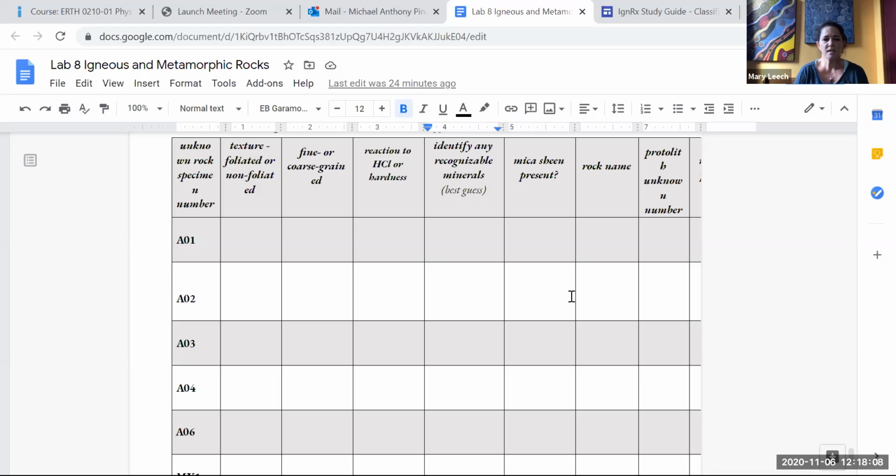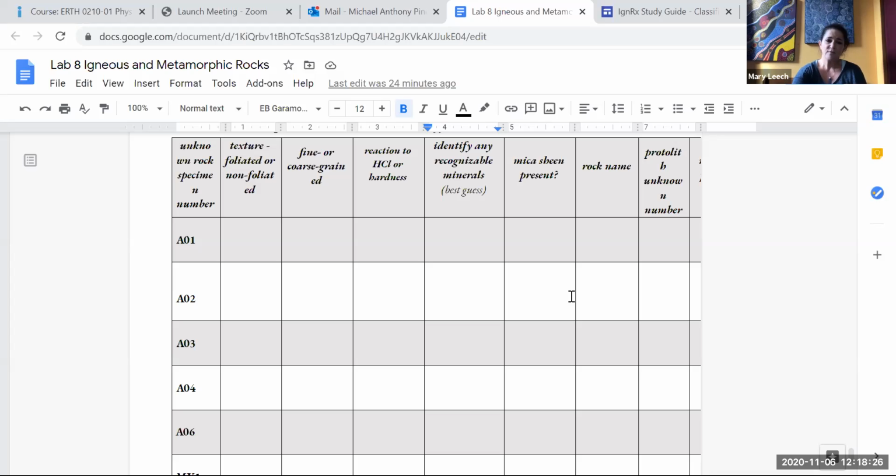The first thing, every time you start your metamorphic rocks, is to decide whether you see a foliation, so any planar texture at all, or not. That's the first distinction.